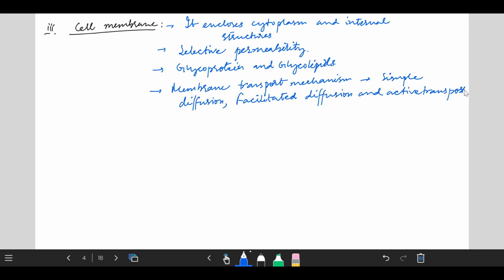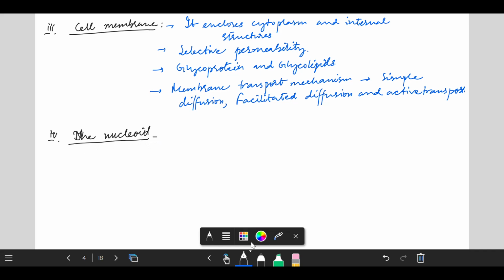Now the next structure is the nucleoid. So what is a nucleoid? It's the prokaryotic chromosome, which is typically circular, haploid or unpaired, and not bound by a complex nuclear membrane.